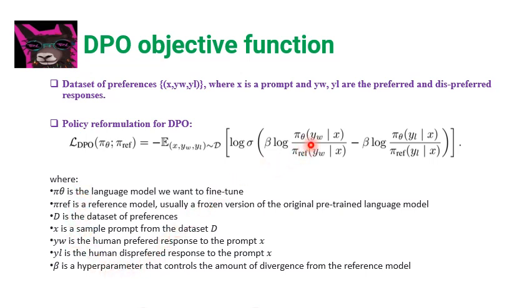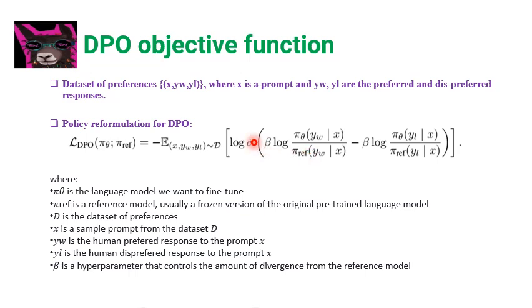Okay, the objective is to increase the probability of the preferred response generated by the policy model with respect to the reference policy, and decrease the probability of the dispreferred response generated by the policy with respect to the reference policy. We divide the policy by the reference policy as a point of regularization.